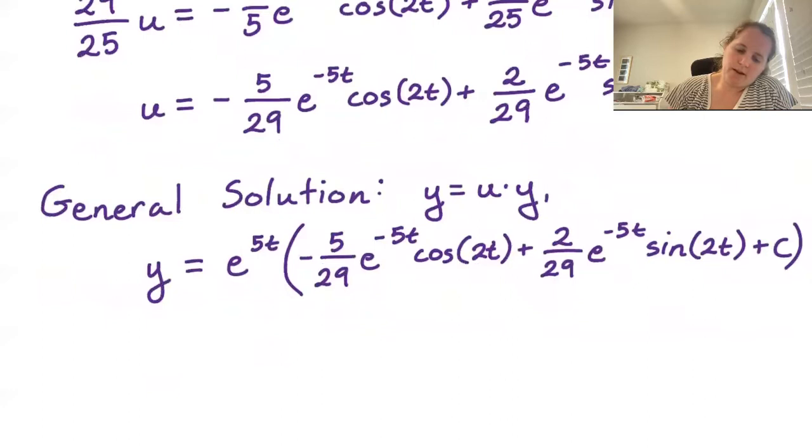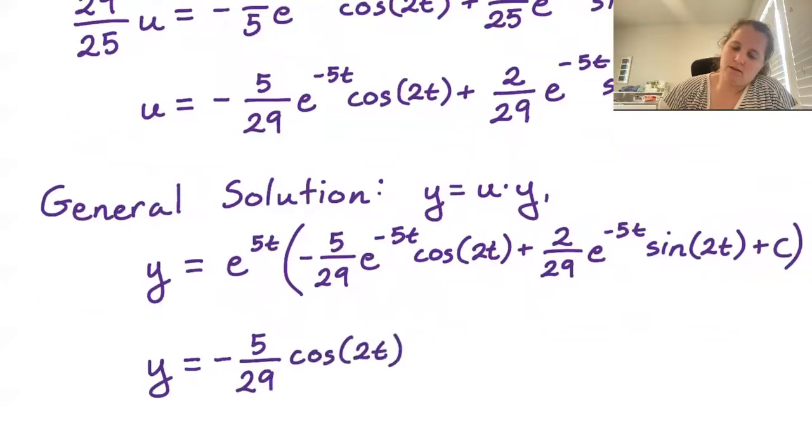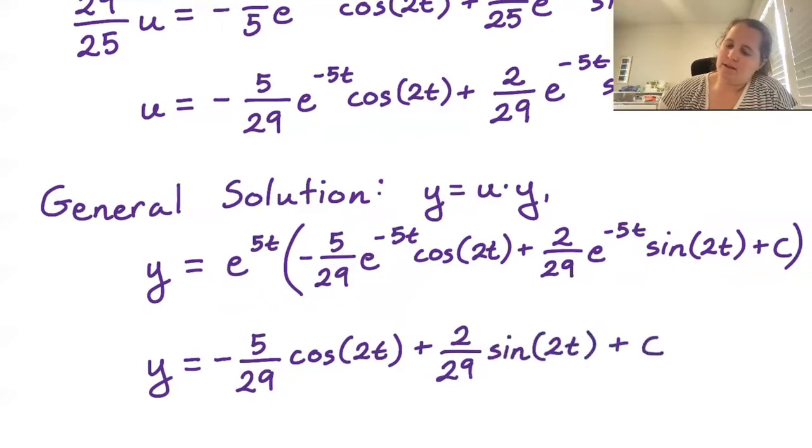And multiplying that in, we get that y is equal to negative 5/29 cosine of 2t plus 2/29 sine of 2t plus c e to the 5t.